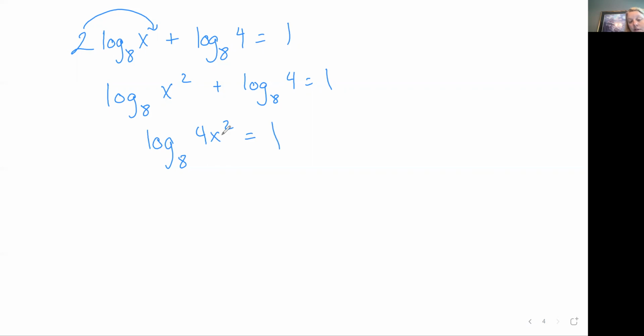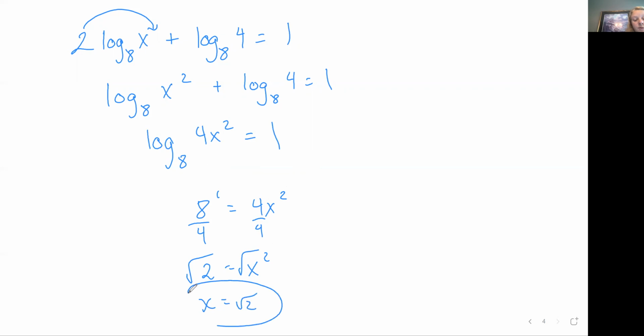Can't cancel the logs because they're not on both sides, so we have to change to exponential. So 8 to the first is equal to 4x squared. Divide by 4, square root. Okay, square root of 2 is positive, so that works just fine.